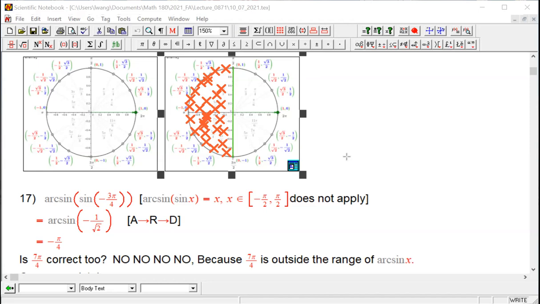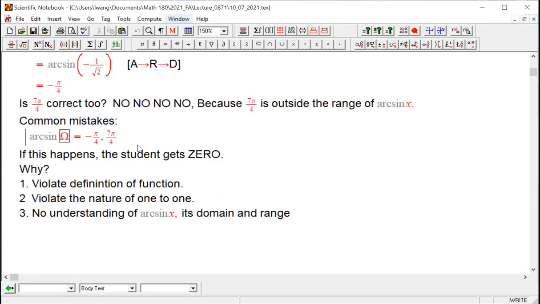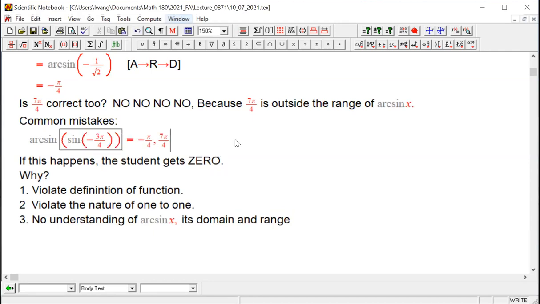What we did earlier in those past lectures, plotting the points and letting you see the one-to-one, was to prepare you for this very moment, so you will not make a mistake of that sort. This is a horrifying mistake.